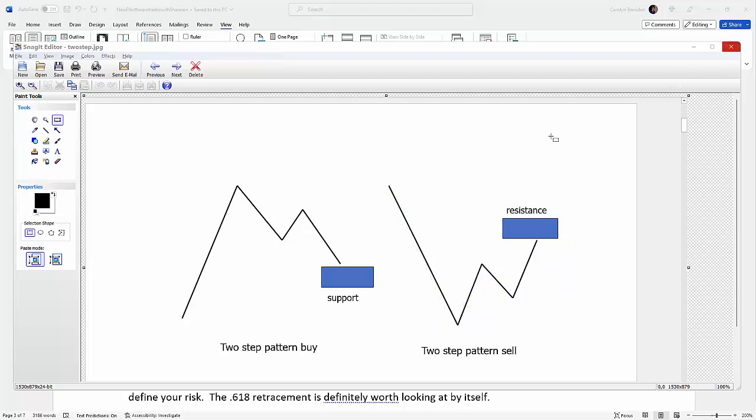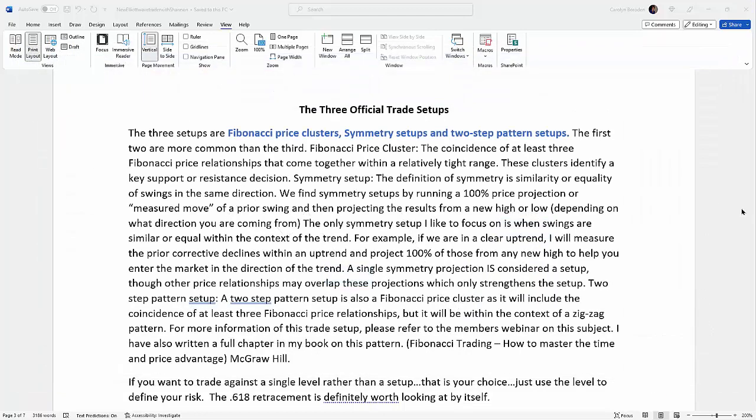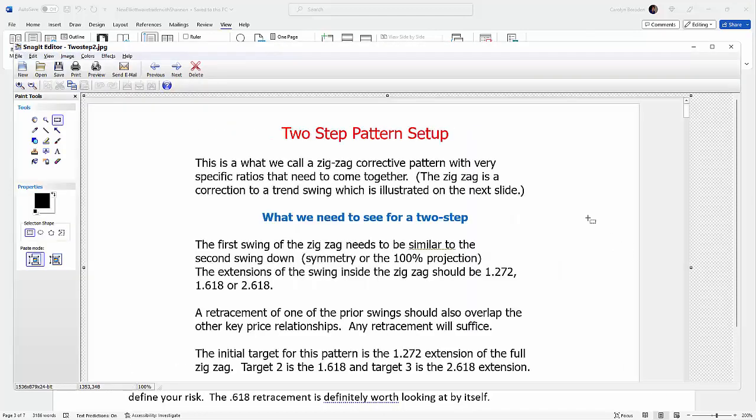Now that's just kind of what it looks like as far as a zigzag. And what happens is that if it's going to be the kind of 2-step I use, the first swing up is going to be similar or equal to the second swing. So that's part of the specificness of the pattern. Let's see what I have here.